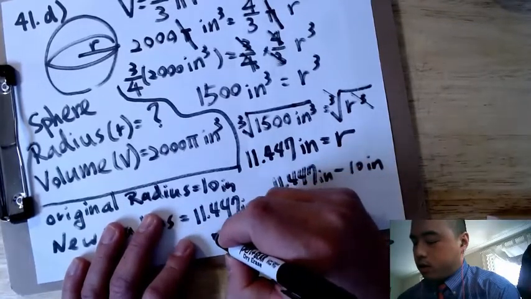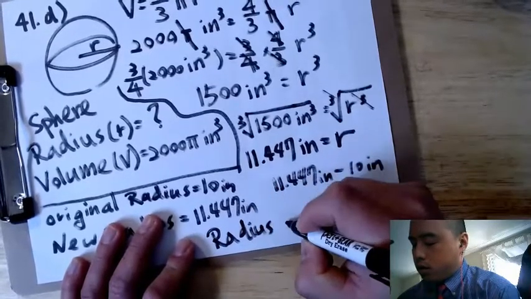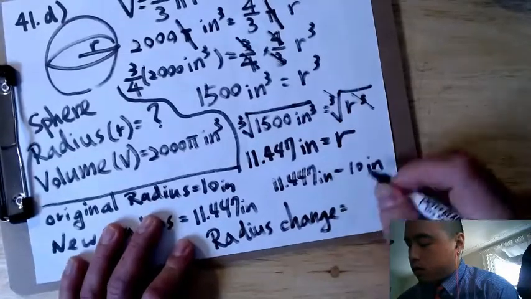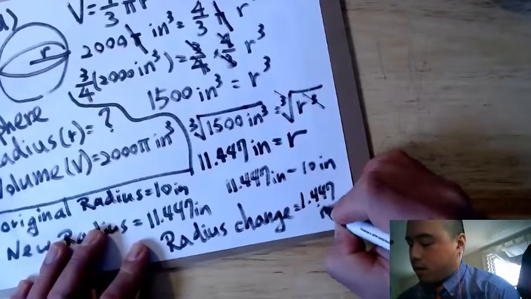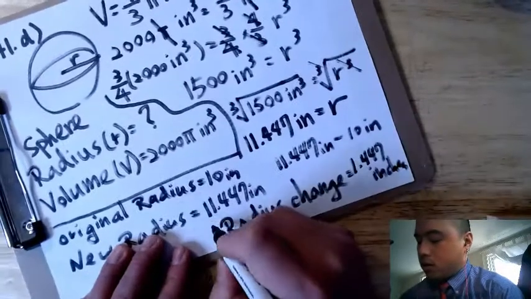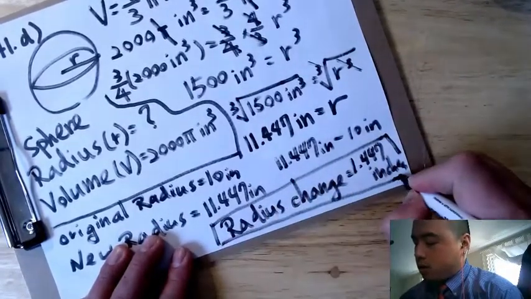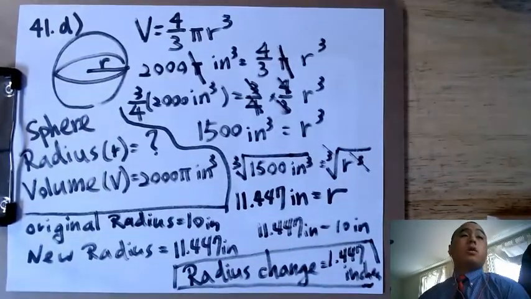The radius change is 1.447 inches. Box your answer. So that will be it. Can you see it? Perfect. So that concludes problem 41.